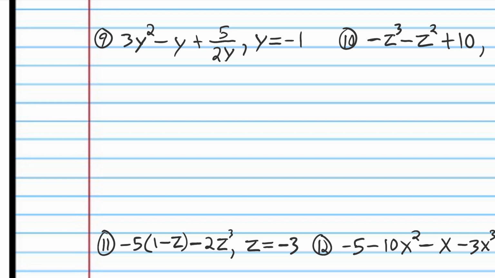All right, we're back. So now we definitely need parentheses for multiple reasons. We need parentheses because we have a coefficient and we're plugging in a negative number. So -1 to the 2nd power is +1.